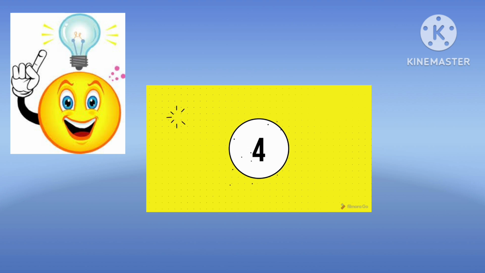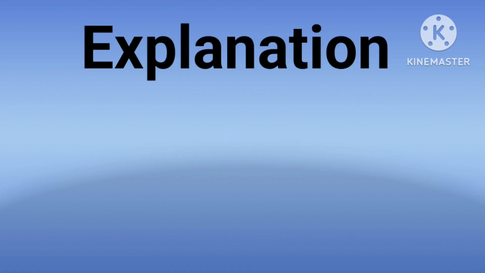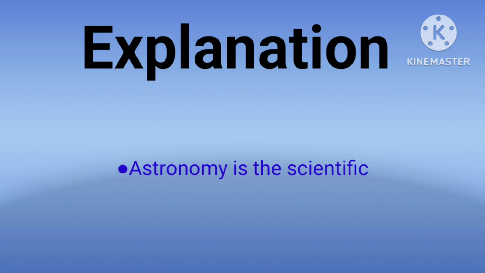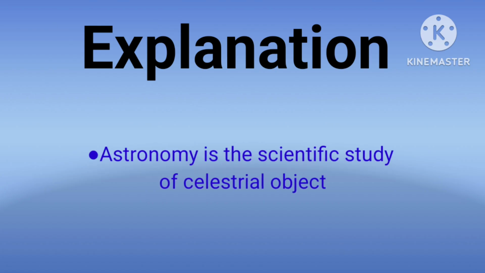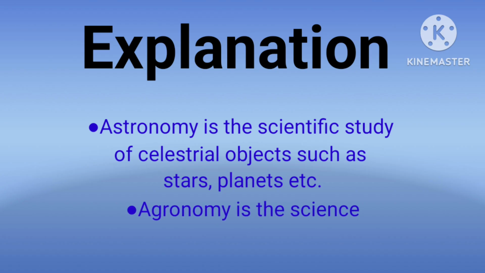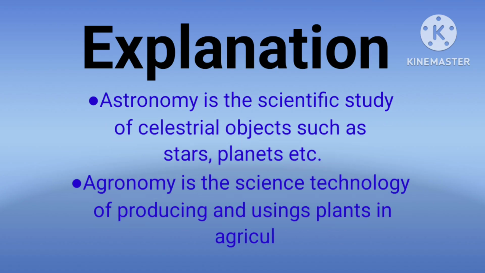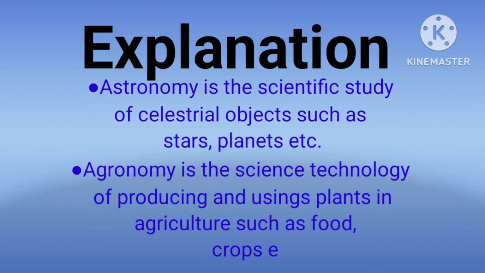The correct answer is crops. Explanation: Astronomy is the scientific study of celestial objects such as stars, planets, etc. Agronomy is the science and technology of producing and using plants in agriculture, such as food, crops, etc.